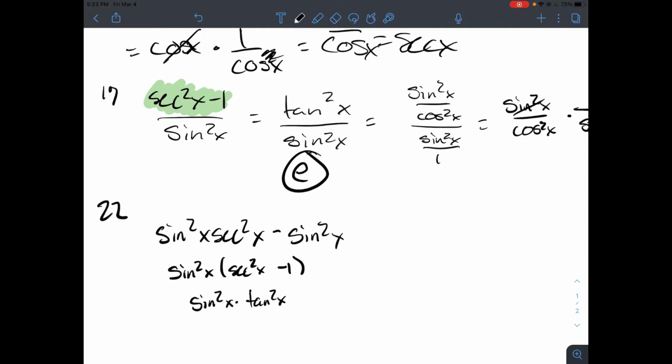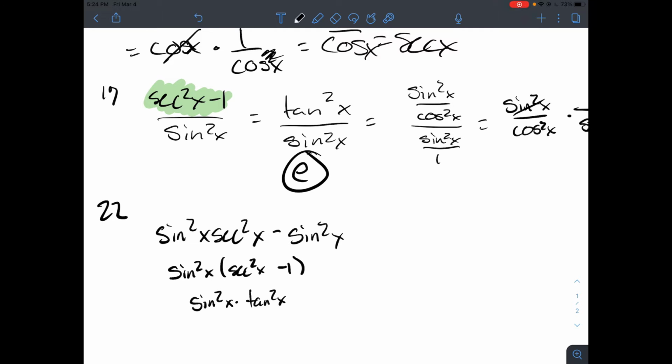I'm looking at this and thinking if there's any other way this could simplify, because I know tangent is sine over cosine, so that's not going to go down anymore. Let's make sure the problem's set up correctly. I would go ahead and make a guess that this is probably the simplest.